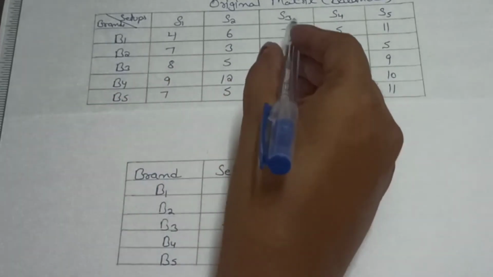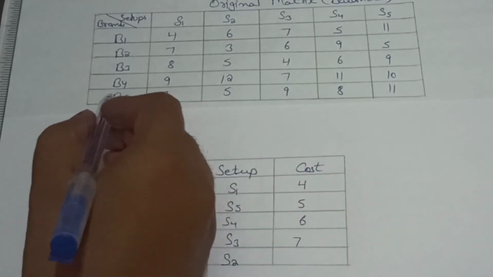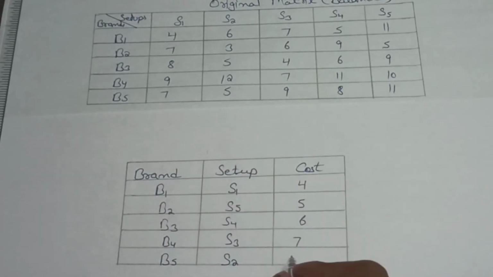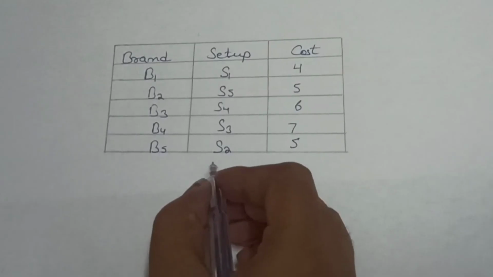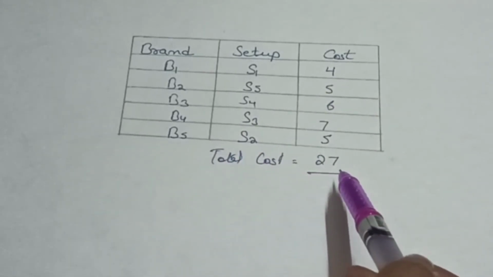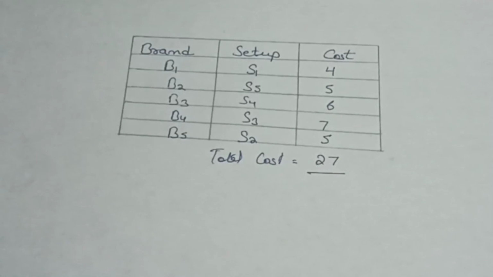B4 and S3 cost is 7. Last, B5 and S2 cost is 5. So students, you can see our total cost is 27. So this is our minimum cost and our sum completes here.